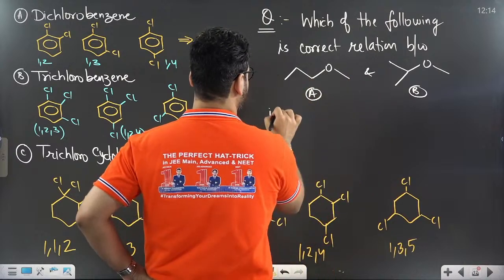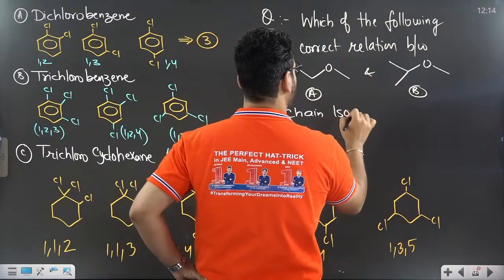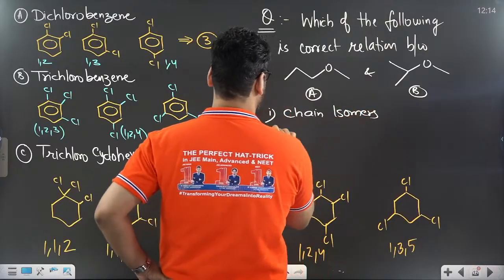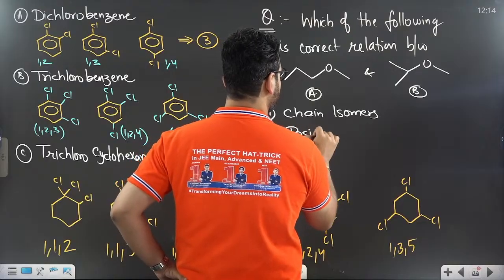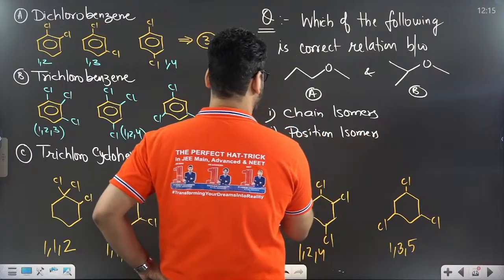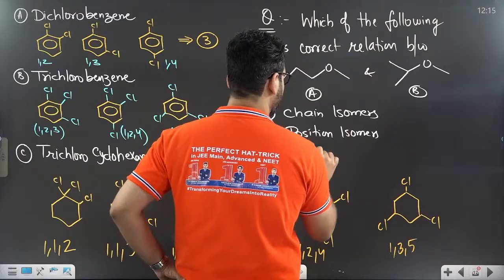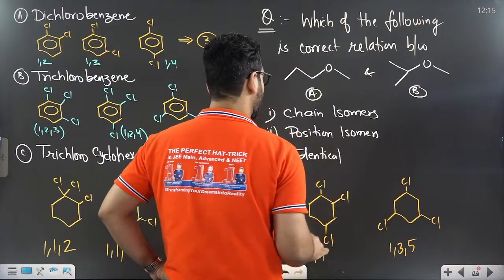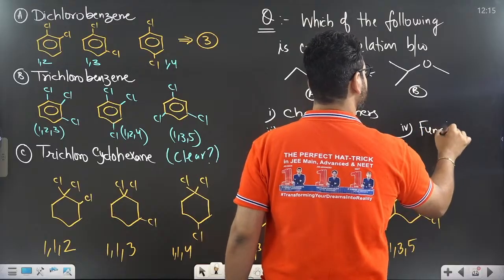Option 1, they are chain isomers. Option 2, they are positional isomers. Option 3, they are identical. Or option 4, they are functional isomers.